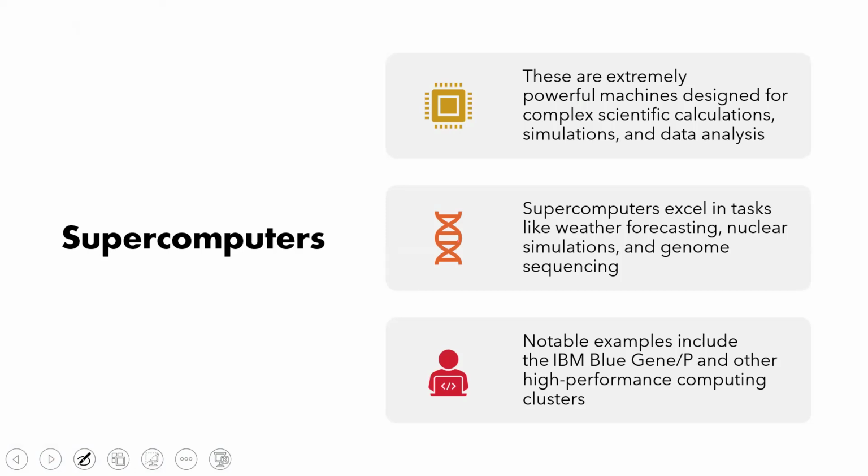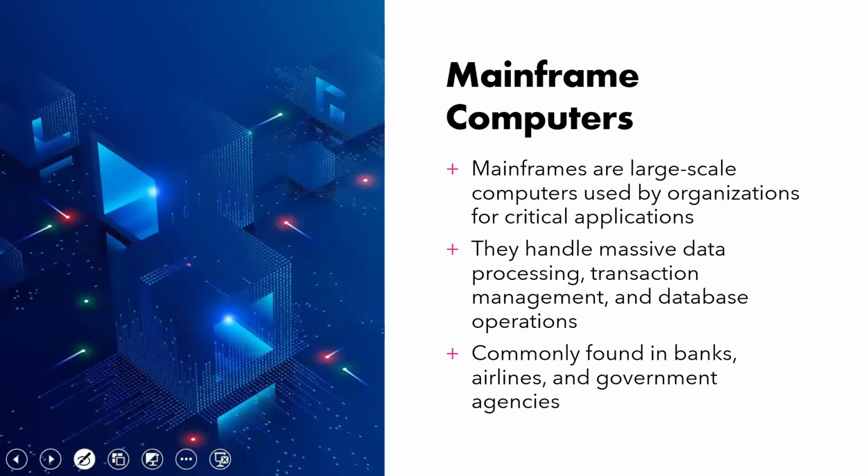Supercomputers excel in tasks like weather forecasting, nuclear simulations, and genome sequencing. Notable examples include the IBM Blue Gene and other high performance computing systems. They are called super particularly because of their processing power, their ability to do extraordinary processing.